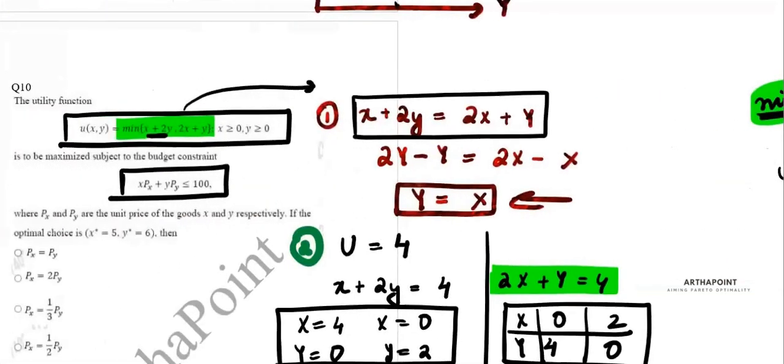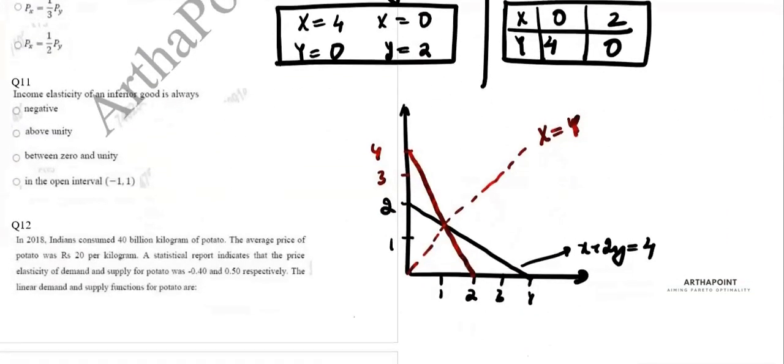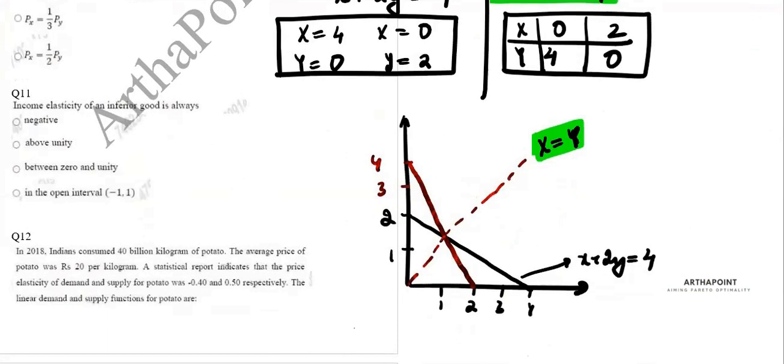Where is x greater than y? Here, this line shows x is equal to y. Obviously, in this part, I am going to have x greater than y. For a given y, x will always have a higher value. And here I will have x less than y.